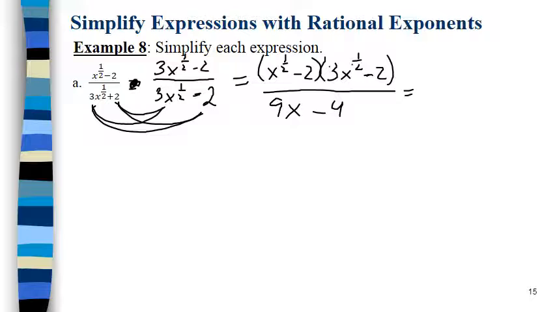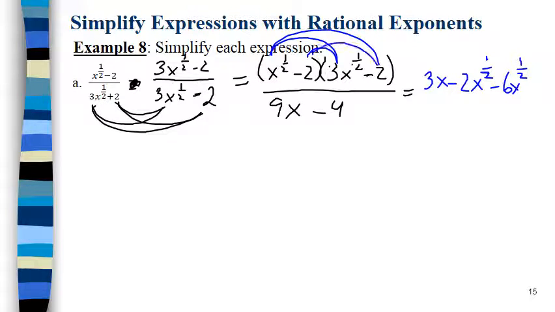And so if we want to simplify this, so that way we don't have any fractional exponents unless we need to, we can go ahead and distribute here. So we have x to the 1/2 times 3x to the 1/2, so that's 3x. Negative 2x to the 1/2. Negative 2 times 3x to the 1/2 is negative 6x to the 1/2, and negative 2 times negative 2 is plus 4, divided by 9x minus 4.